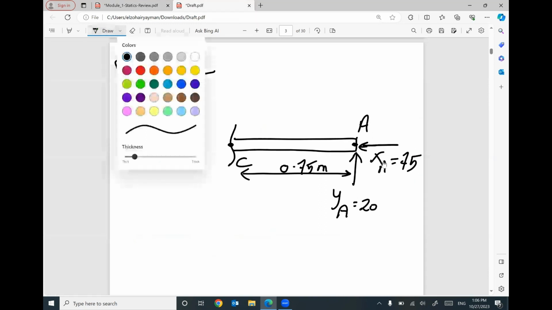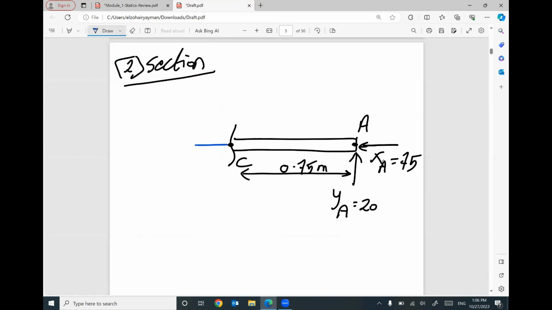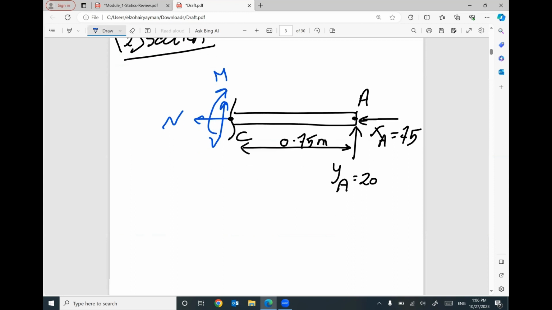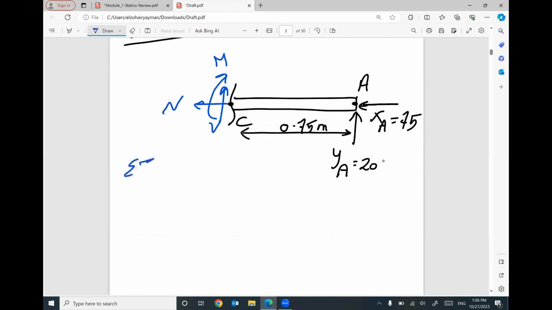Then go ahead and put your internal forces, capital N, capital V, and the capital moment. Then apply summation f of x equals 0, summation f of y equals 0, summation moment at any point equals 0. You can get your reactions. Does that make sense?